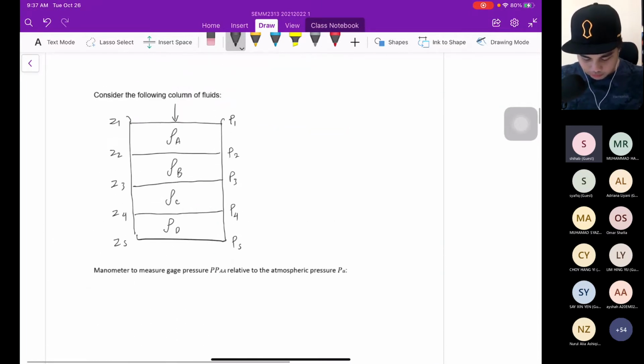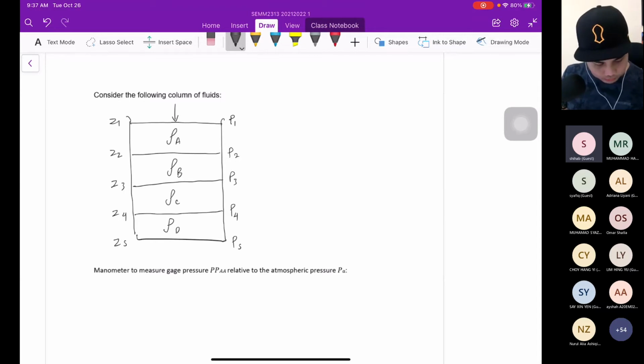So from here, the first step to solve this, we need to set the reference line. Let's say I want to put the reference line here. This is our reference line at P5.